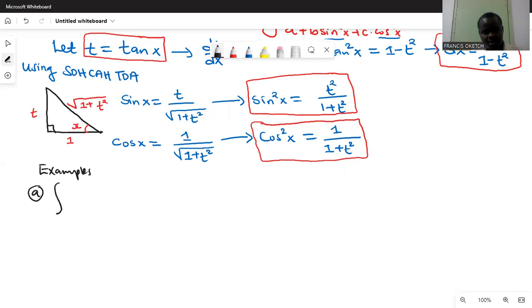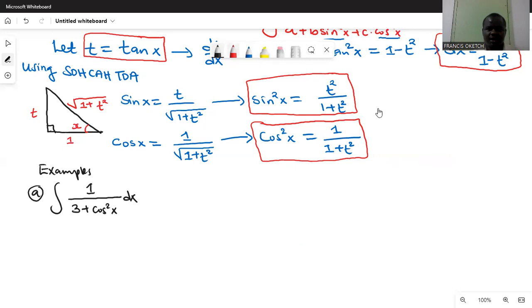In example A, you are asked to evaluate the integral of 1 over 3 plus cos squared x dx. So we know the substitutions.